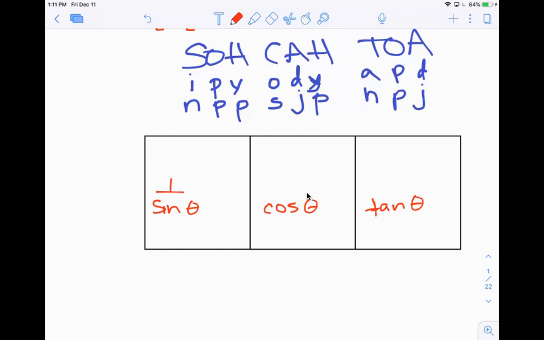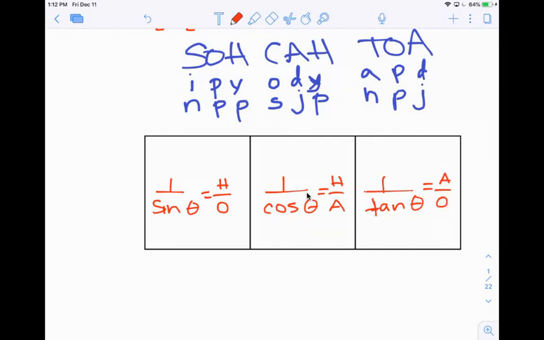So 1 over each of these actually gets a whole new name. If you take 1 over sine, then you don't get opposite over hypotenuse, you get hypotenuse over opposite. Same thing happens with cosine, hypotenuse over adjacent. And same thing happens with tangent, adjacent over opposite. You get the reciprocal function.